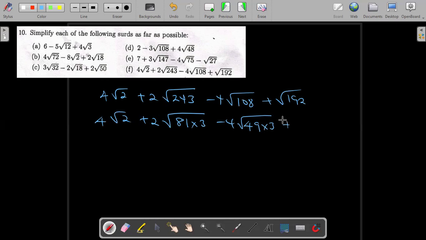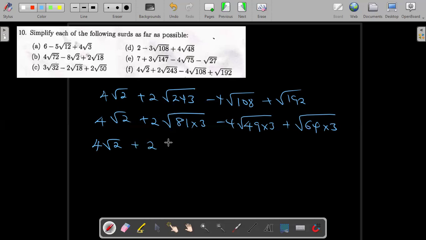Then the last part there, what are we dividing? So we have 192. When you divide that by 3, you'll get 64. And this here is going to give you 4, so you have 4 root 2. Then you have plus 2.